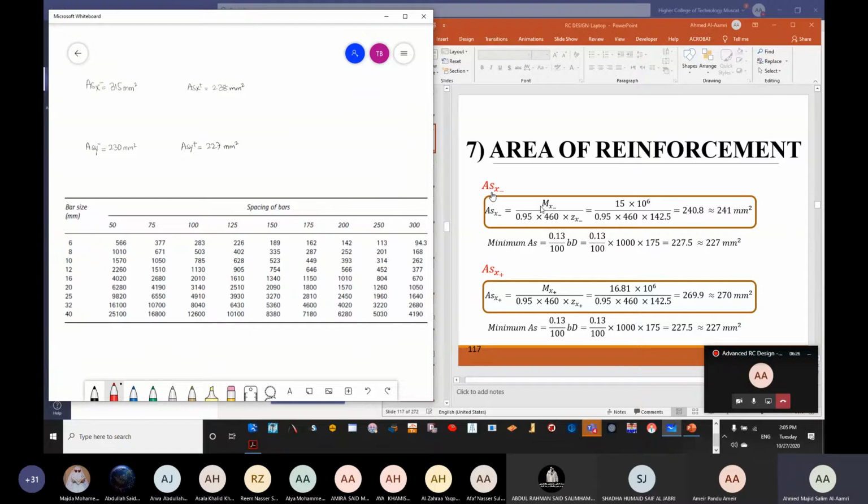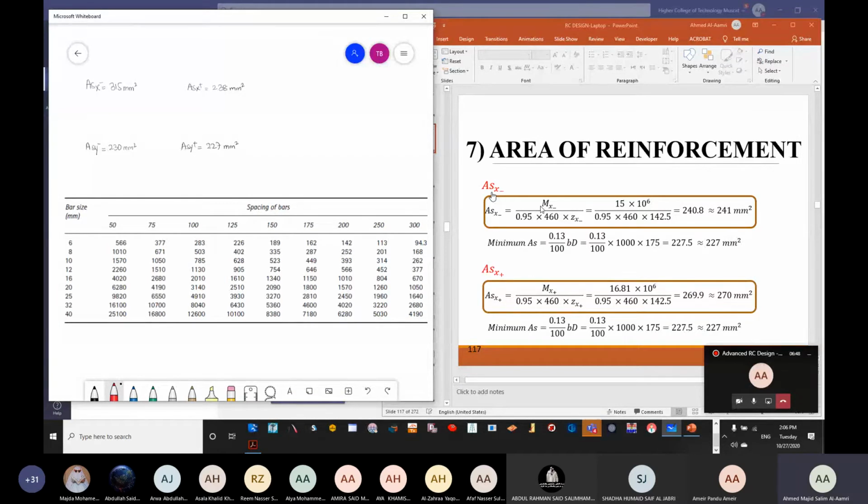Now, when we choose our reinforcement in reality, whatever we are going to put in reality, we call it AS provided. How much is required is going to be based on the moment value. How much do I put in reality? It's going to be, of course, something more than the required.